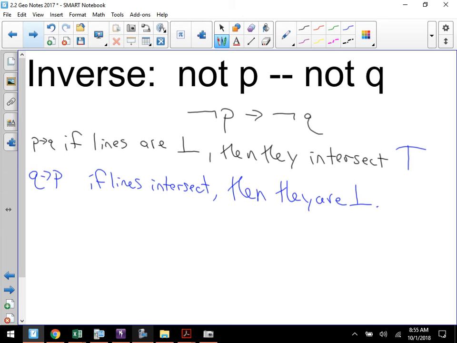Not all lines have to be perpendicular. Okay, remember again, we can draw them out like this. So I would say this is false, and anytime you know that something is false, you have to give what's called a counterexample. So a minute ago, I said that you can make a statement or draw a picture. This is when I would just draw a picture of two lines intersecting, and they're not a right angle. That's a counterexample.